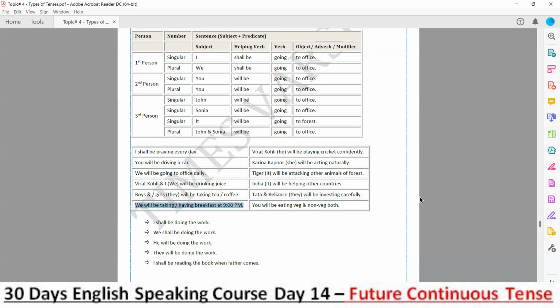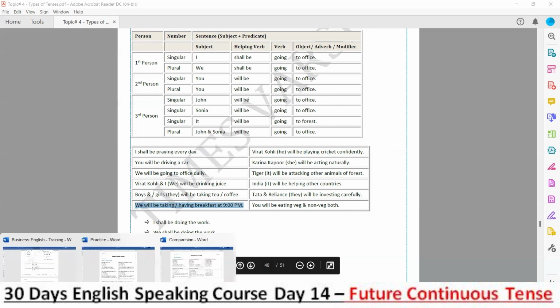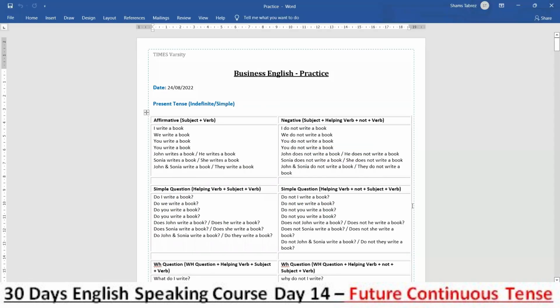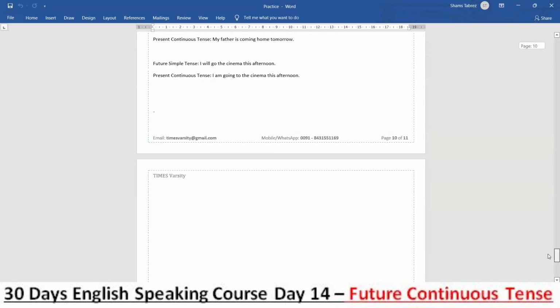We will be taking or having breakfast at 9 a.m. हम ब्रेकफास्ट लेंगे सुबह 9 बजे... ले रहे होंगे. ले रहे, right? Because it is continuous, right? So this is continuous. So let's make a sentence by using the right verb. So let me copy this.